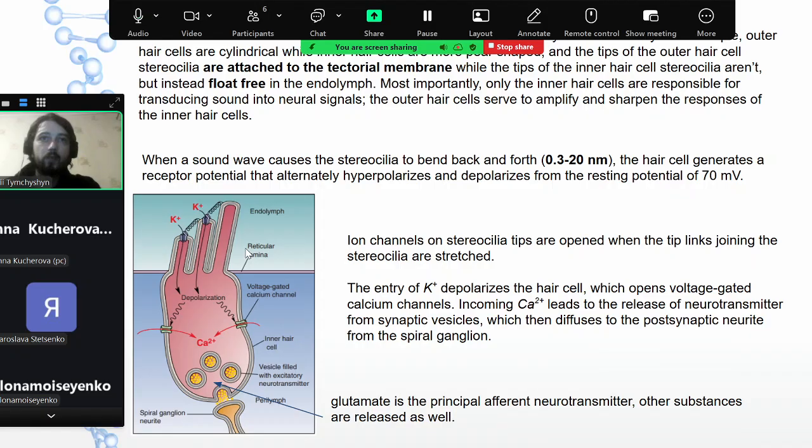They open when these stereocilia are moving here and there. The potassium is getting in. We get certain depolarization. This opens the voltage-gated calcium channels, so we have some influx of calcium.